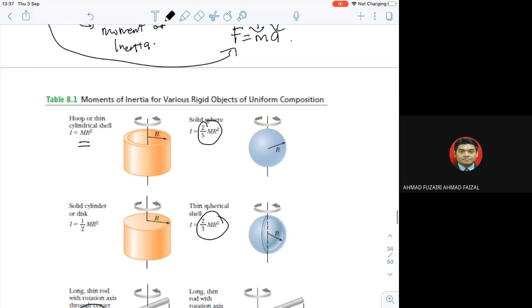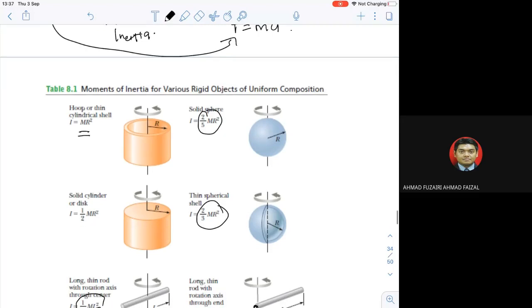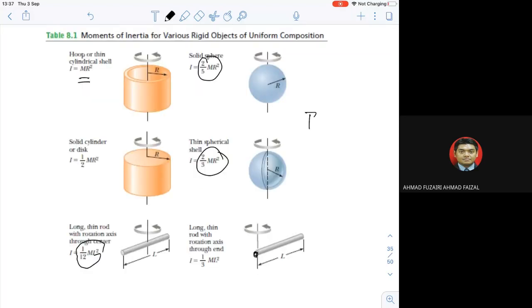But for objects with rotational motion, such as a thin cylindrical shell, for example, I equals mr squared. So we can conclude that there are different scenarios, and not every I will be equivalent to mr squared.